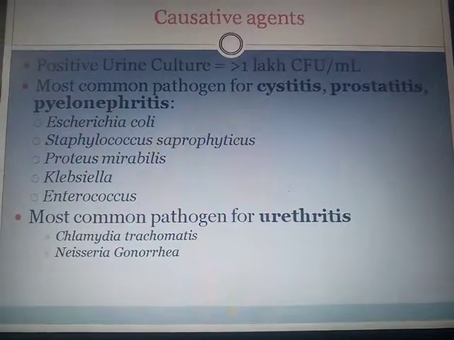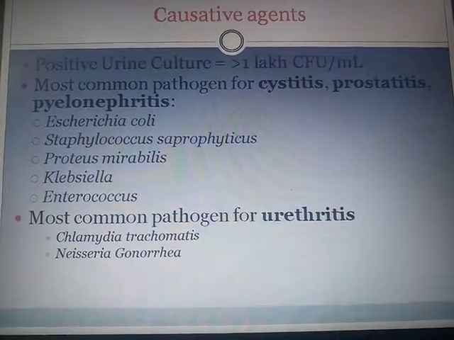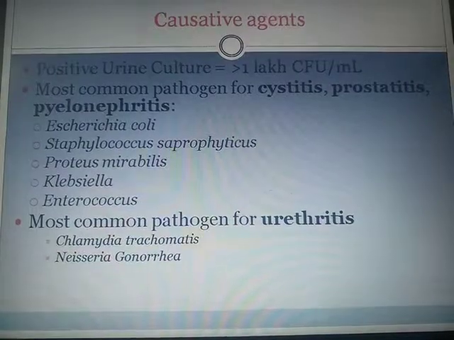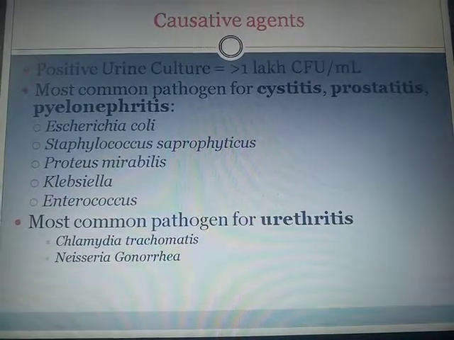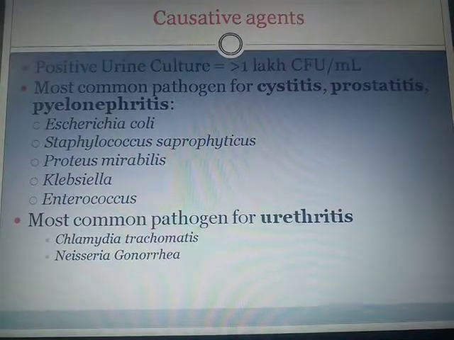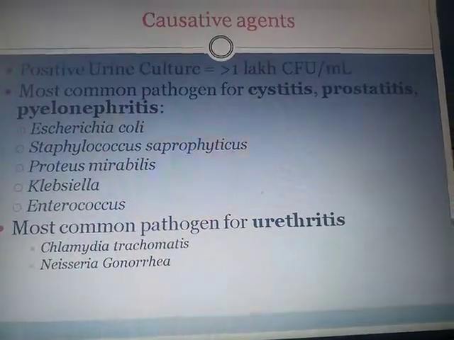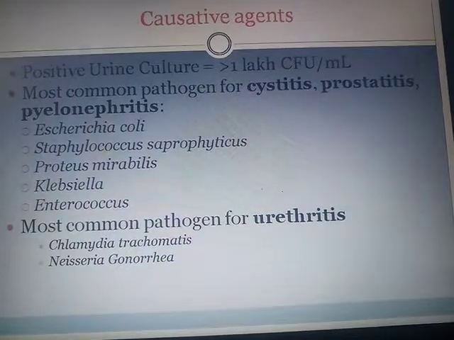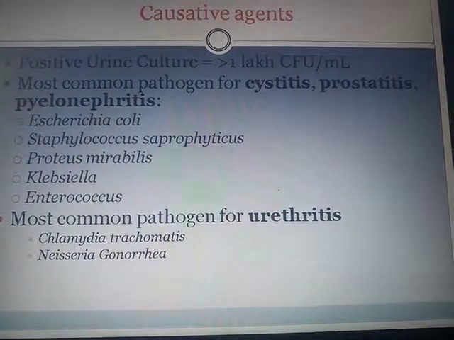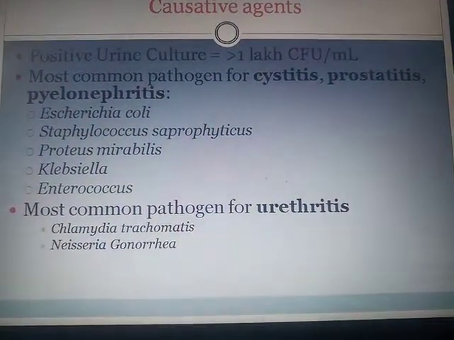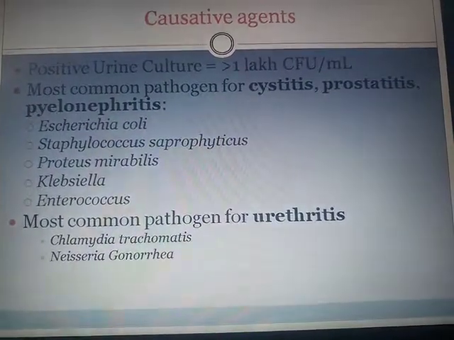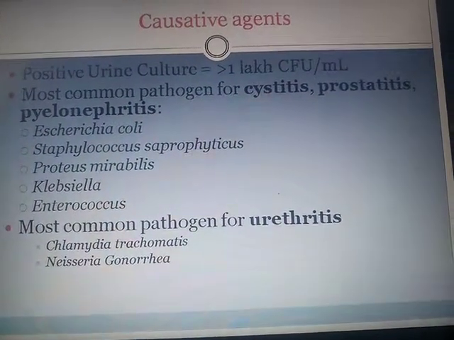Now, what are the various causative agents? A positive urine culture is when there are more than 1 lakh CFU per ml, colony forming units per ml. The most common pathogen for UTI, that is cystitis, prostatitis and pyelonephritis, is E. coli.